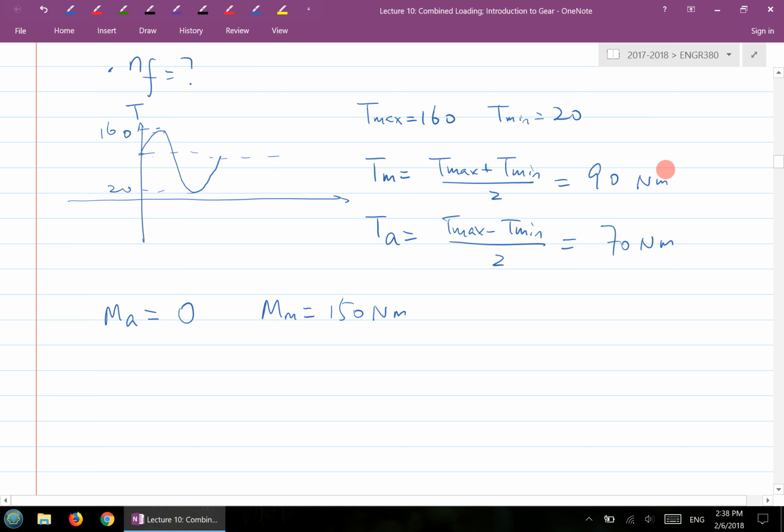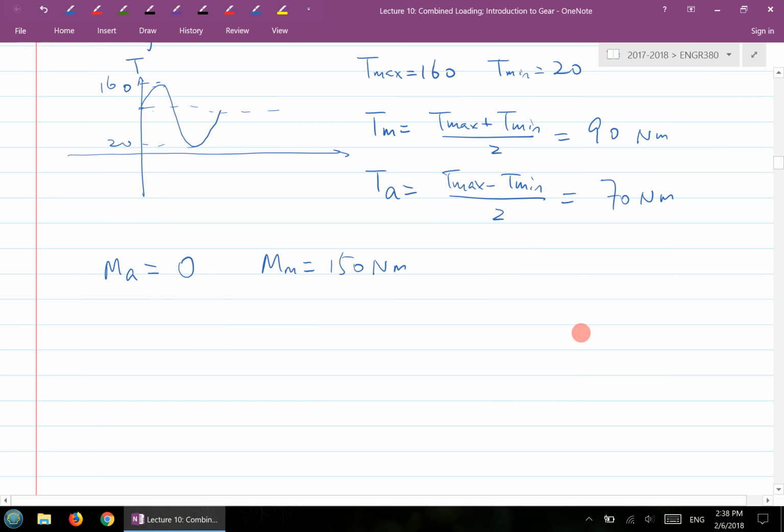Then we're ready to go. If you have a torque and a bending moment, tau m is not going to be 0, tau a is not going to be 0, and sigma a due to Ma will be 0, and sigma m due to Mm will not be 0.